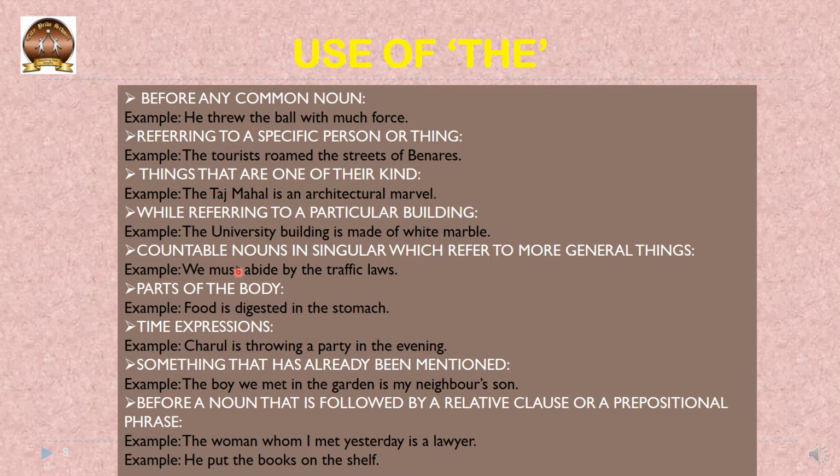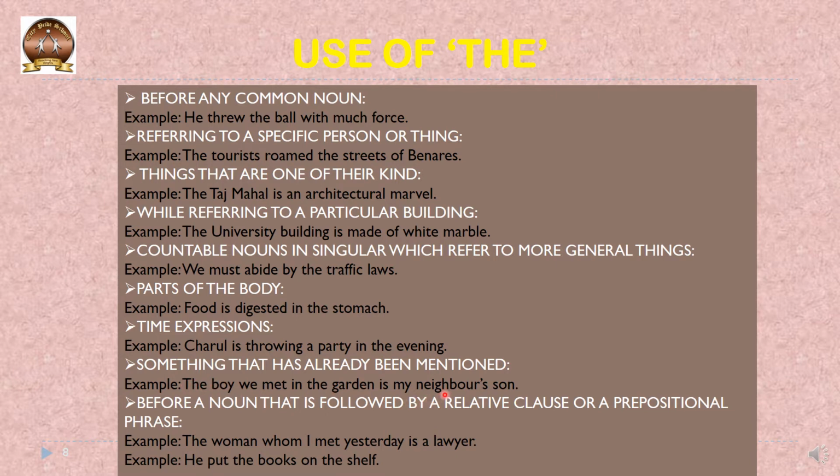Countable nouns in singular which refer to more general things, like we must abide by the traffic laws. Parts of the body. Food is digested in the stomach. Time expressions like Charul is throwing a party in the evening.